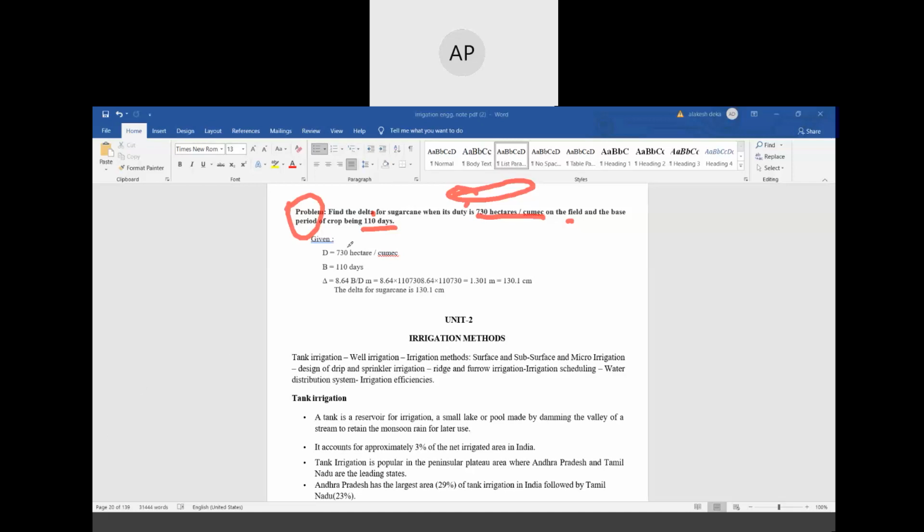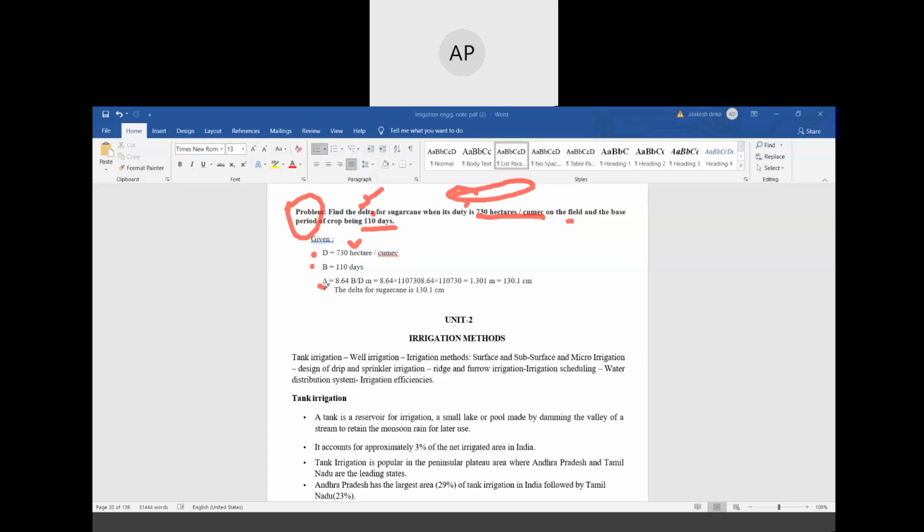In this problem it is given D is 730 hectare per cumec. The unit of duty is always hectare per cumec. And B is the base period, 110 days. What is base period? It is the time period at which the water is irrigated to the field. And we have to find the delta.